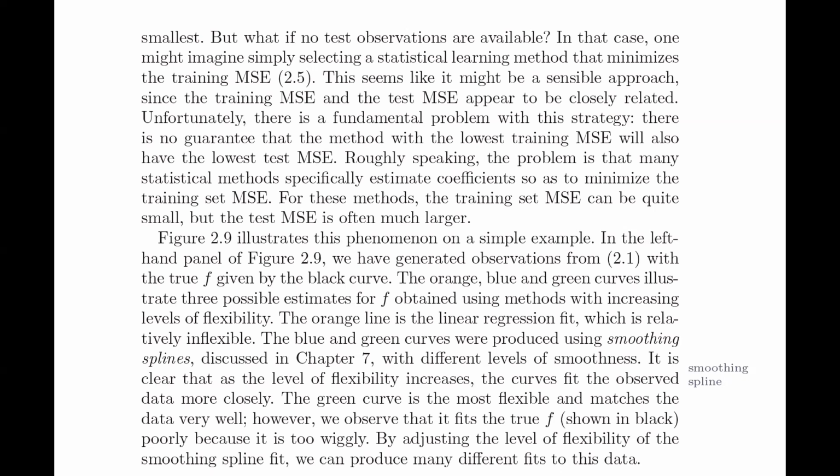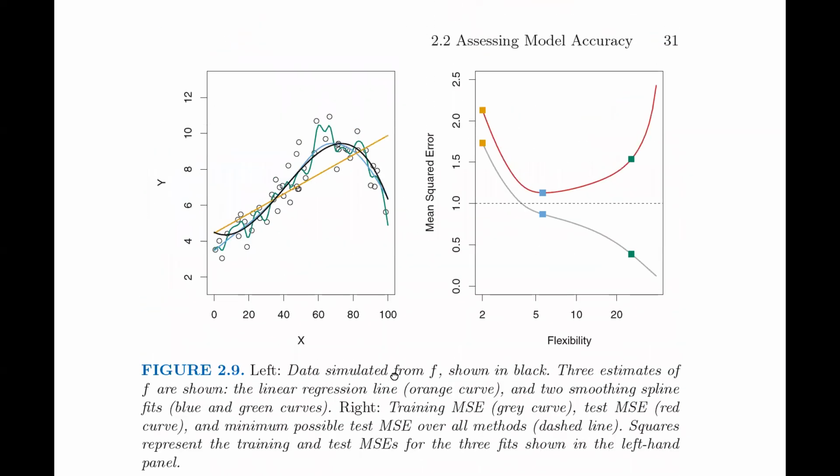It's within their design to minimize the training set mean squared error. For these methods, the training set mean squared error can be quite small, but that's by design. So you're kind of stacking the deck in your favor. But the test mean squared error is often much larger. Figure 2.9 illustrates this phenomenon on a simple example.